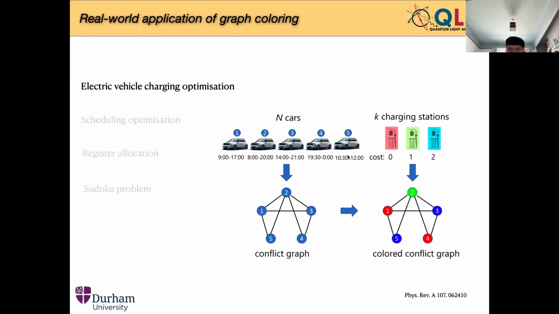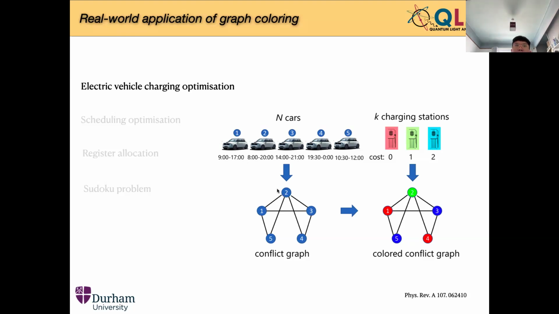The only thing we try to do is to distribute cars with overlapping time periods to different charging stations. Because if they have the same period and charge at the same station, it might become overloaded, as I have mentioned already. So we represent the cars with overlapping time windows as a conflict graph with an edge.